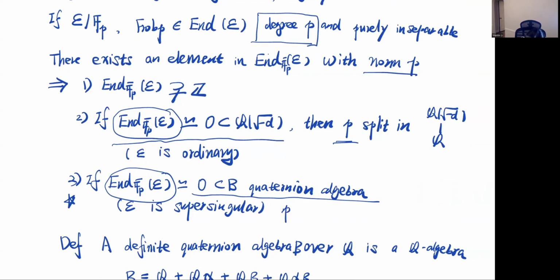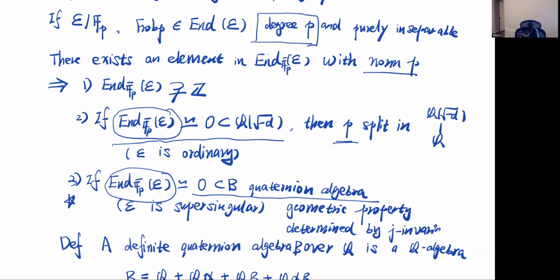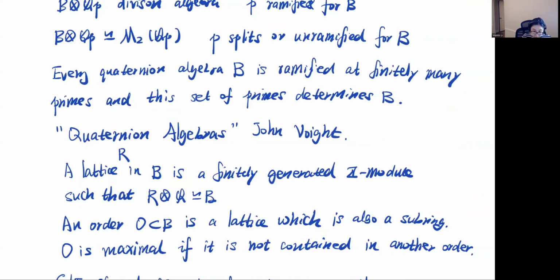This is a geometric property, so it does not change over base field extension. Which means that it is determined by the isomorphism class of these curves over F_p bar, so determined by the j-invariant. Okay, great.